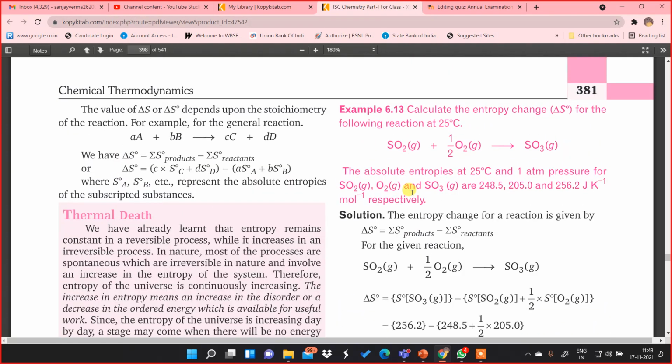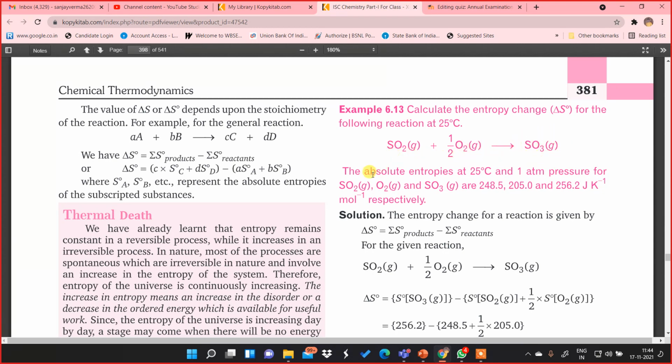Now that was example 6.12. There is another example 6.13, entropy change in a chemical reaction. The question says calculate the entropy change delta S naught for the following reaction at 25 degrees Celsius. Whenever the temperature is 25 degrees Celsius, it is called standard entropy change. Sulfur dioxide gas reacting with oxygen to give 1 mole of sulfur trioxide gas.